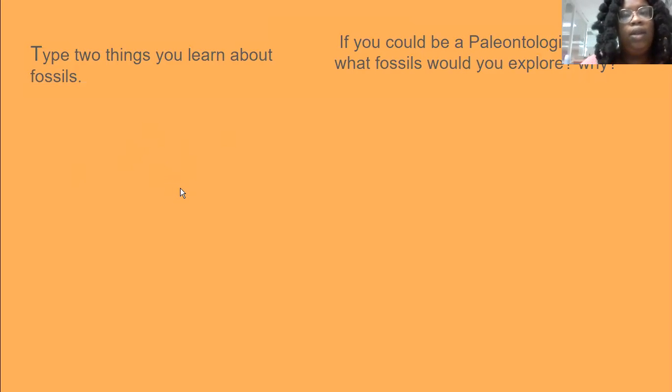And on the right, I want you to tell me, if you could be a paleontologist for a day, what fossils would you explore? What type of fossils would you want to explore? What type of animal remains or even plants would you like to explore, and why?